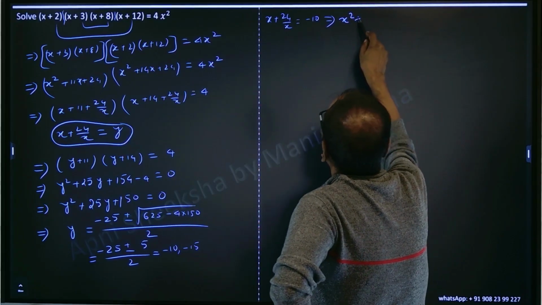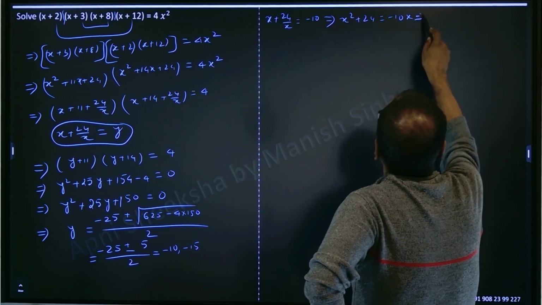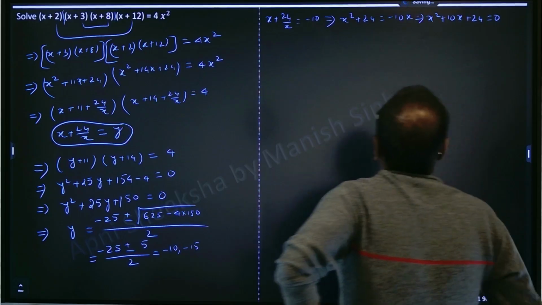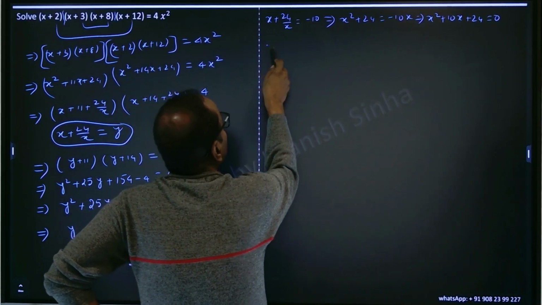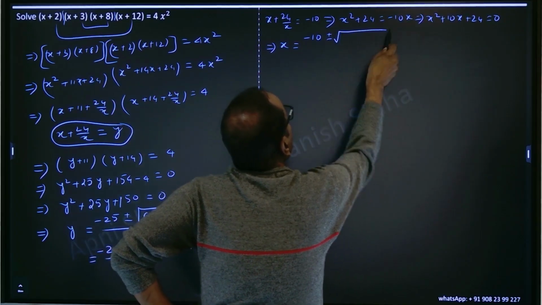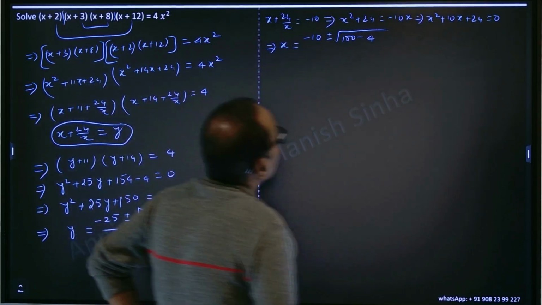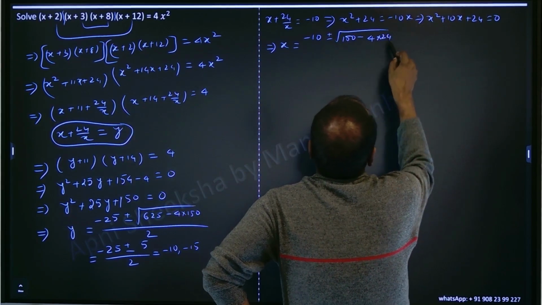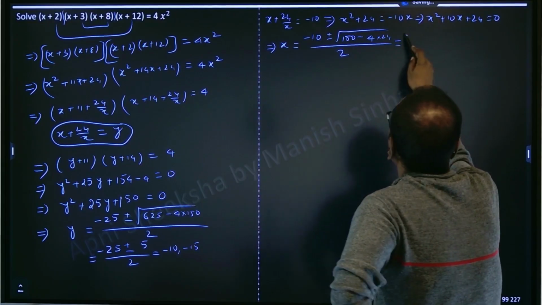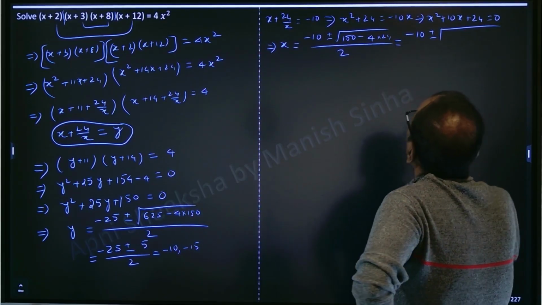So x square plus 24 minus 10x. Four into 24 by 2. 24 into 4 is 96, so this will be your 4.